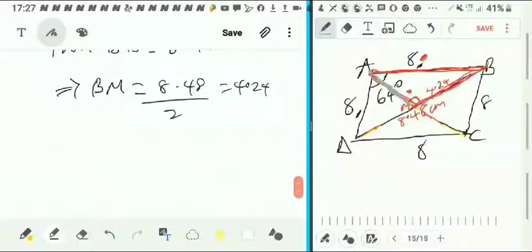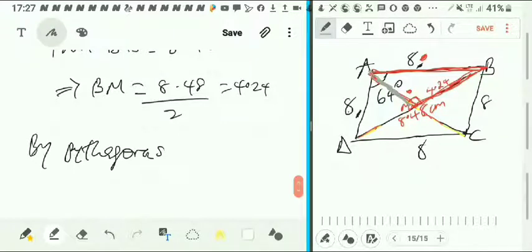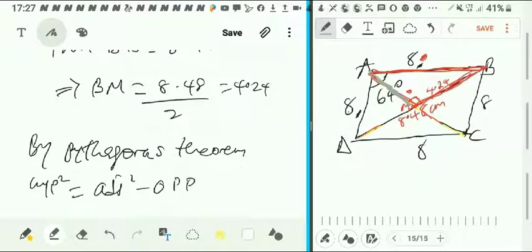Okay, by Pythagoras theorem, hypotenuse square equals adjacent square plus opposite square.